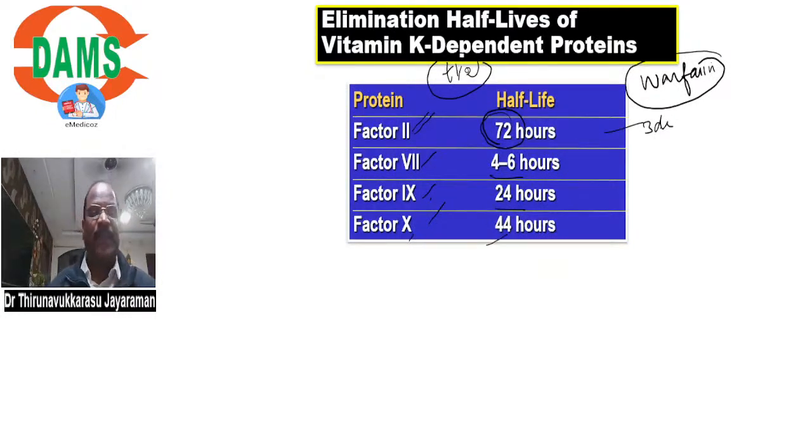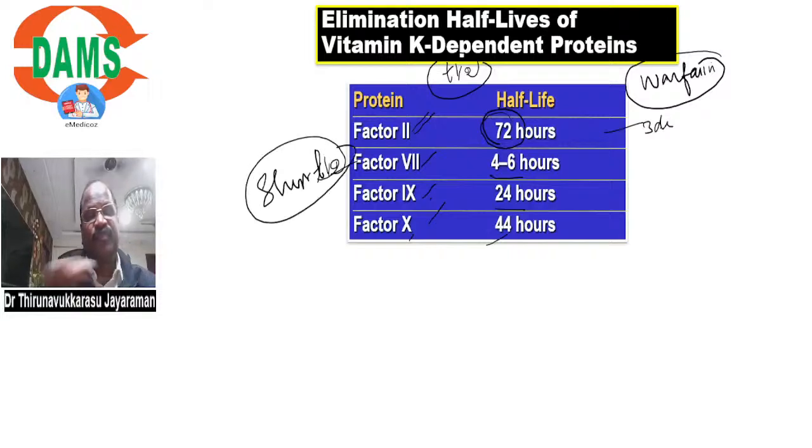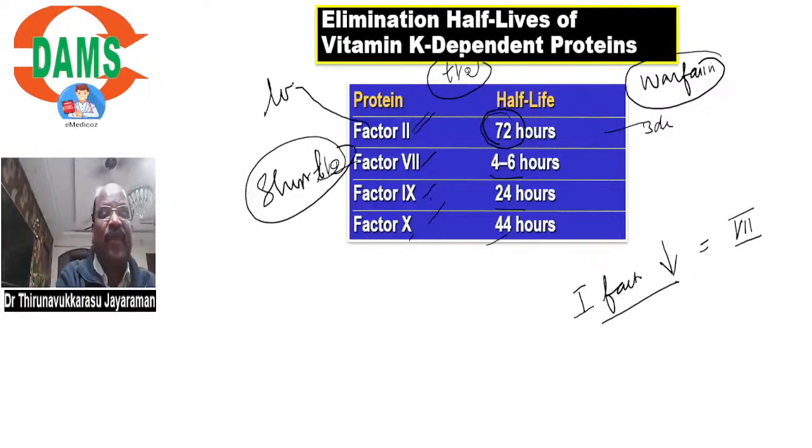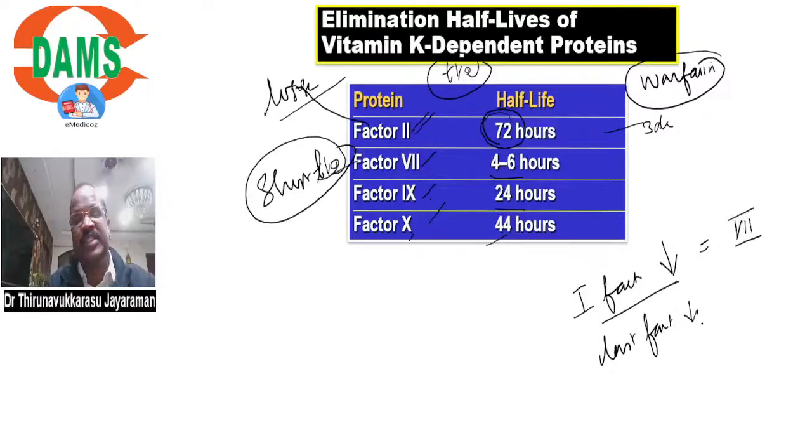That means the shortest half-life is factor 7. So the first factor decreased by warfarin is factor 7 because of its short half-life, whereas factor 2 has the longest half-life, so it is the last factor decreased by warfarin.